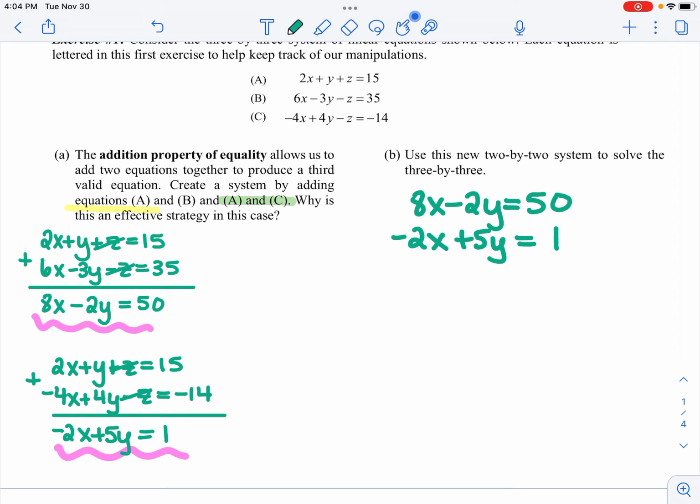And we're going to solve this 2 by 2 system, just like we did in the do now, except for this one, neither one of my variables is set up to be eliminated right away. So we are going to have to multiply one of these equations by something so that either x or y have coefficients that are opposite.